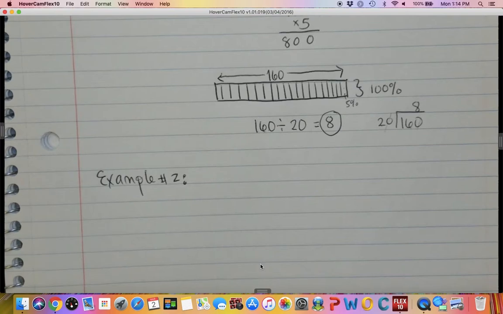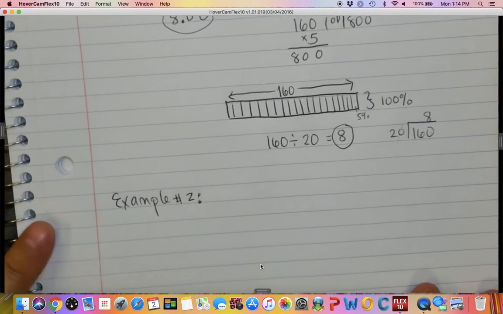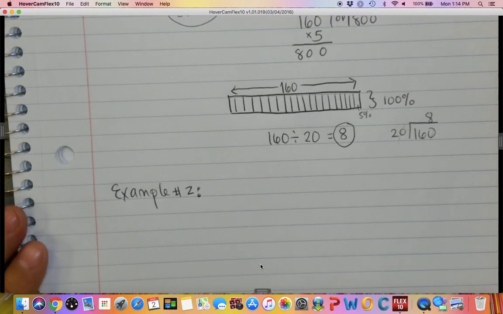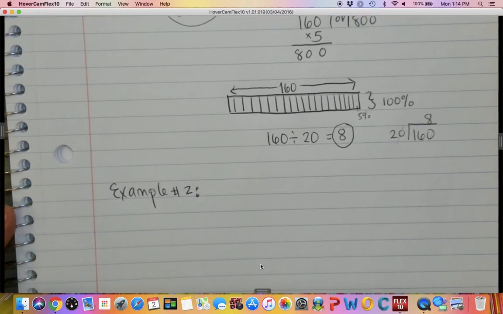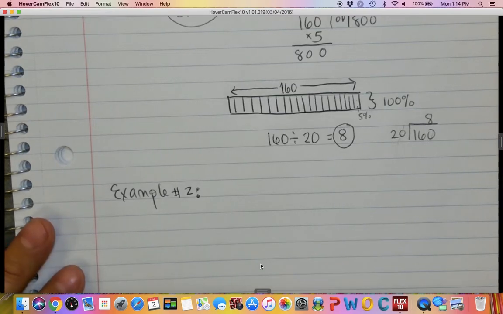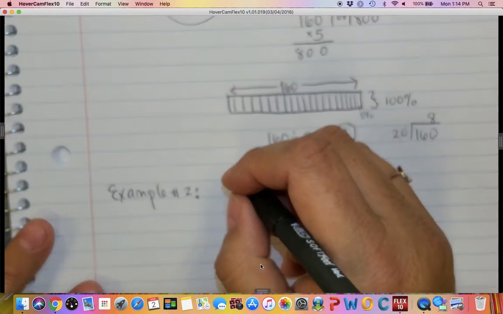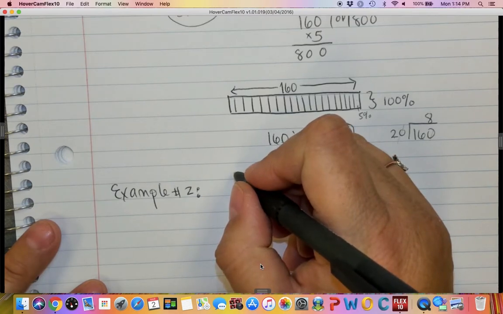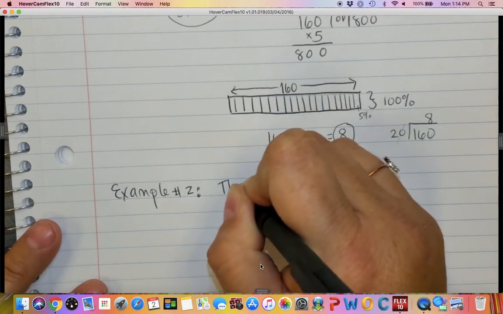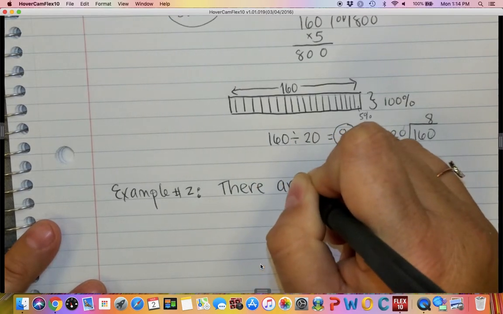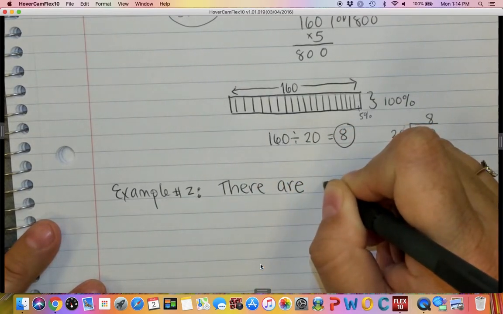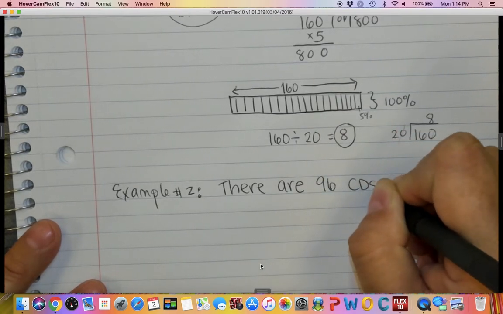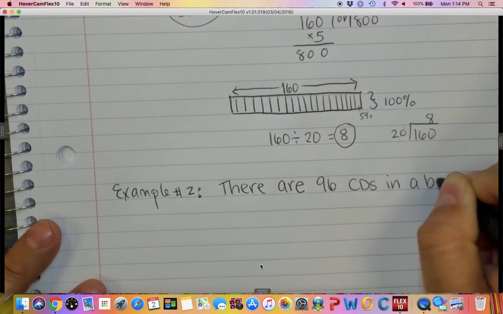This time I'm going to find the whole amount, or the 100%, based on the percentage that they give me. So the problem says there are 96 CDs in a box.